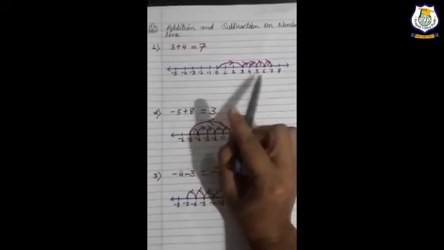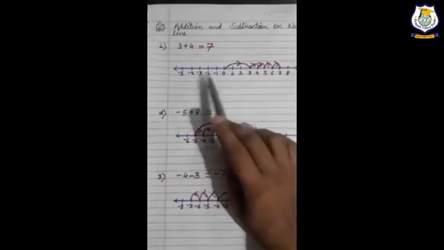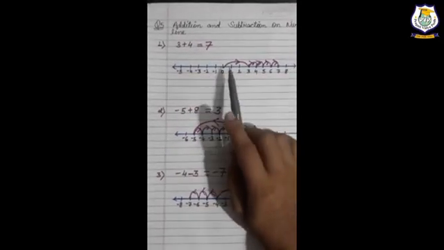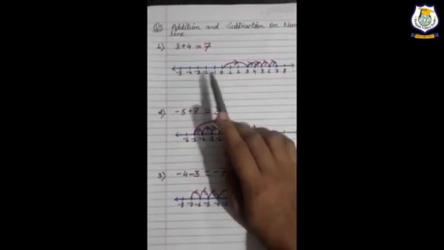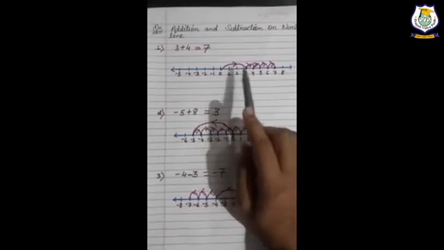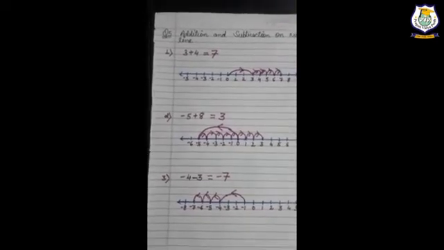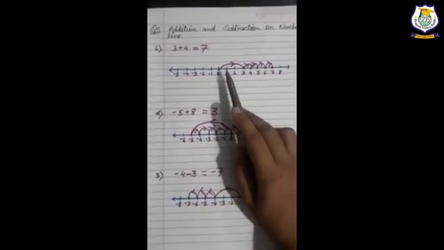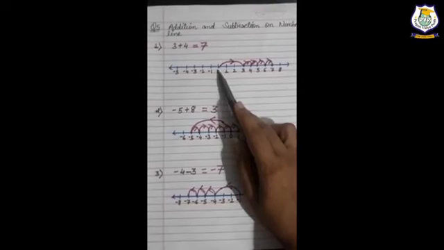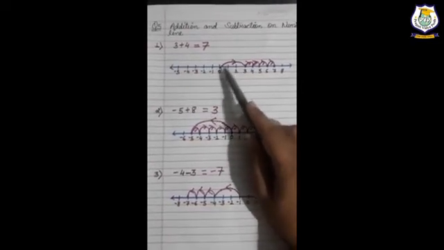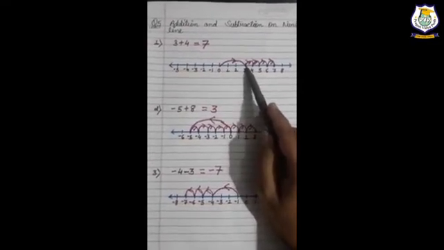Here I have made the number line in which I have written some negative numbers and some positive numbers. You know that all negative numbers are on the left side of 0 and all positive numbers on the right side of 0. So here we will start from 0. The first number is 3, so we will go from 0 to 3.